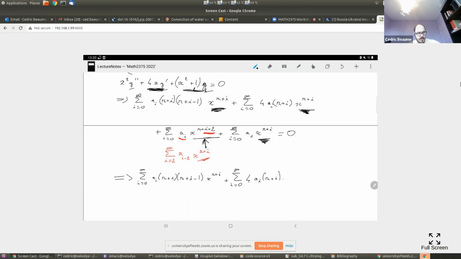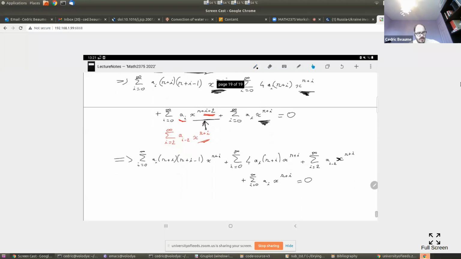Now I need to be careful. This is a sum from i equals 2 to infinity of a_(i minus 2) x^(r plus i). And my last term is the sum from i equals 0 to infinity of a_i x^(r plus i), and that's equal to 0. So that's the expression that I get at this stage.